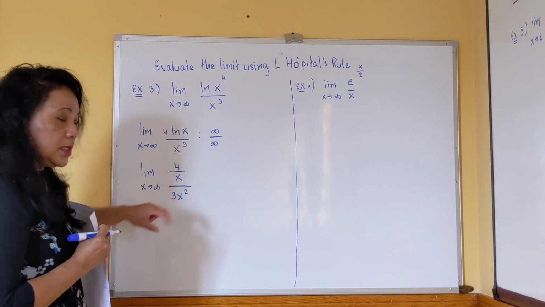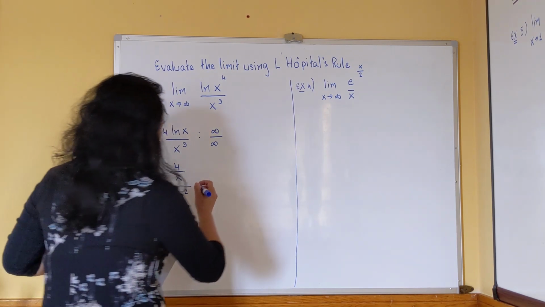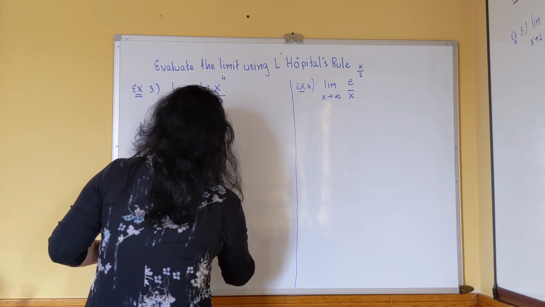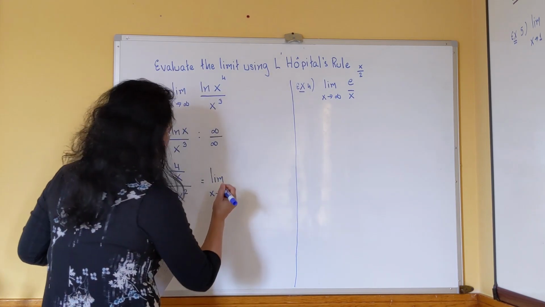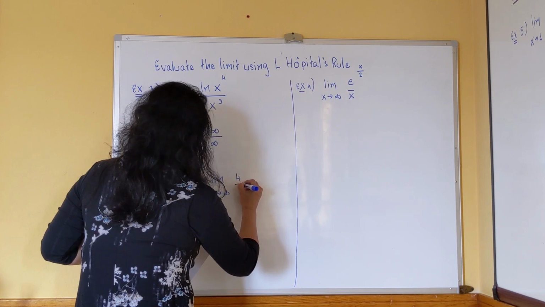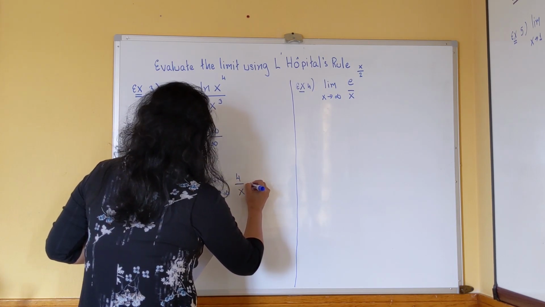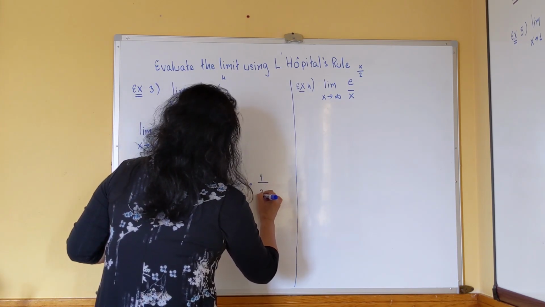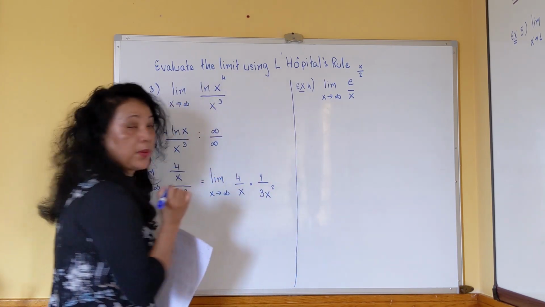Now I'm just going to simplify this a little bit. So this is the limit as x approaches infinity of 4 over x times 1 over 3x squared.